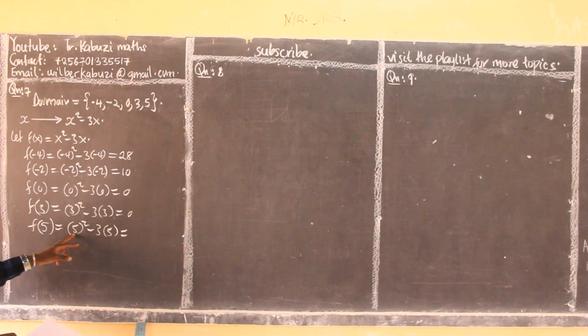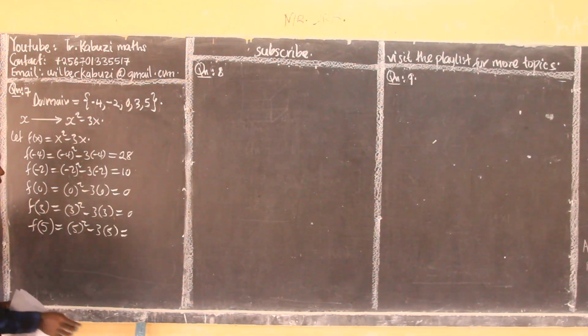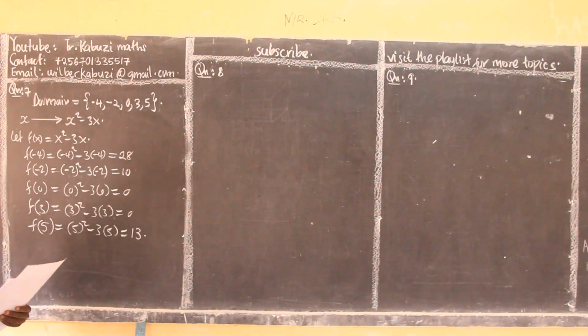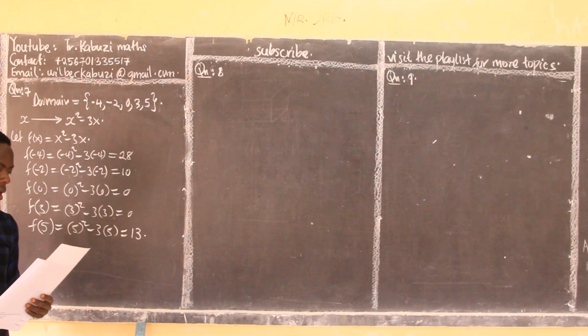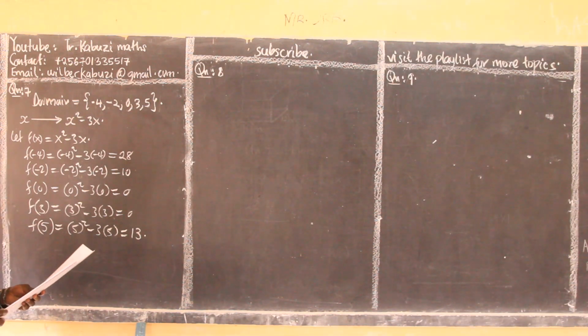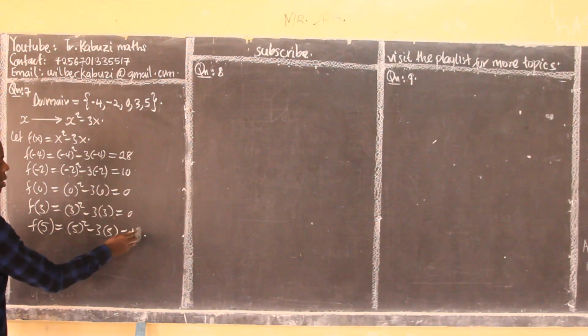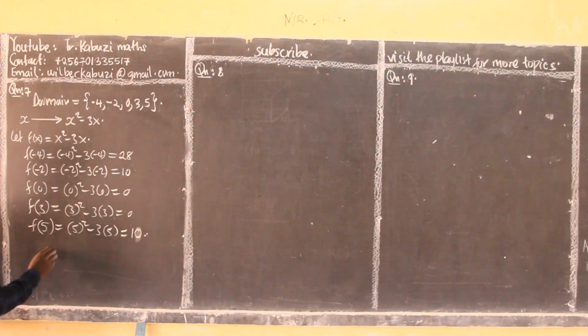This is 25 minus 15, this is 10. So now they want us to get the range. Now our range, remember in the range, we don't repeat anything.